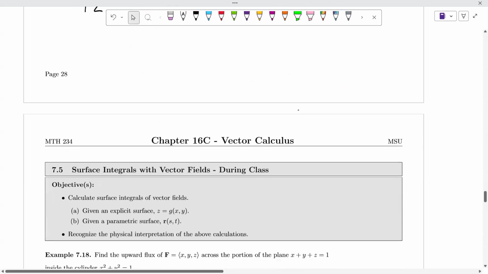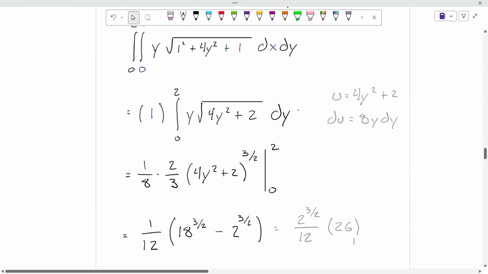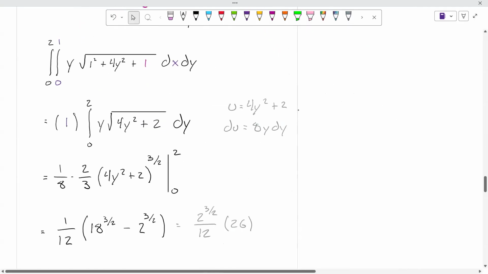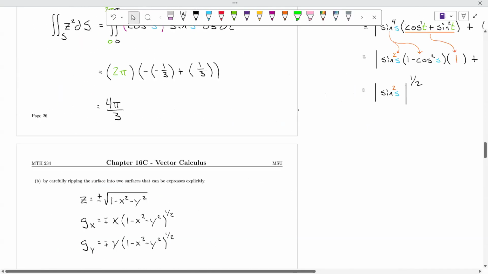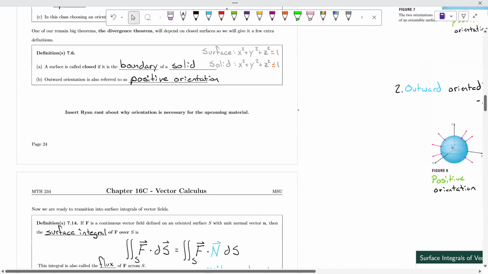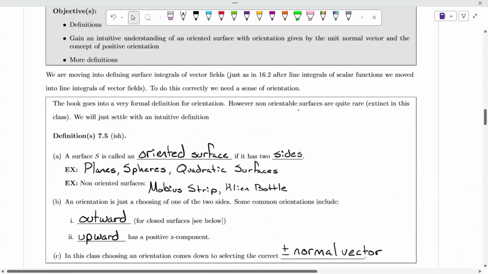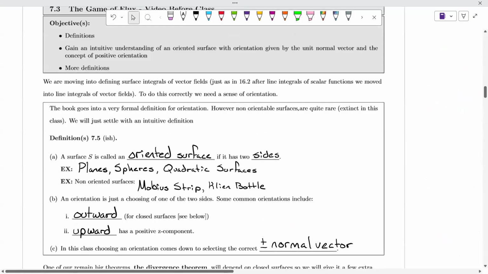But okay, I think after that, we get into surface integrals with vector fields. So just in case the unit wasn't hard enough already, we're going to add some more to it. So scroll back up to the part that I skipped, which started right here. So going over even more definitions.